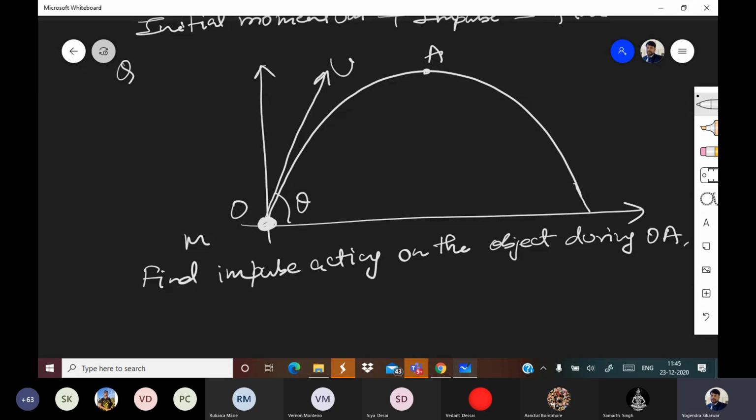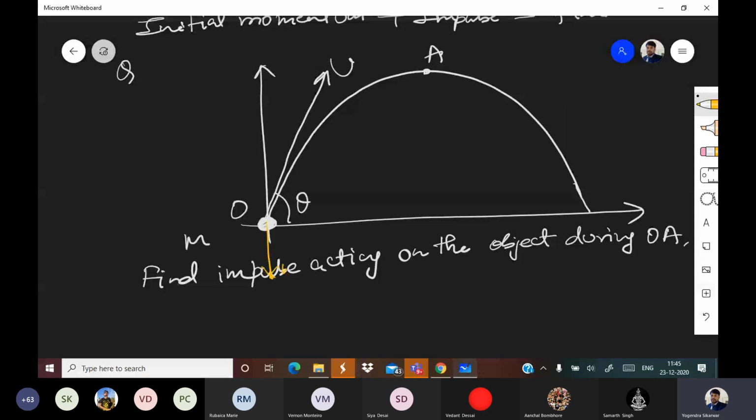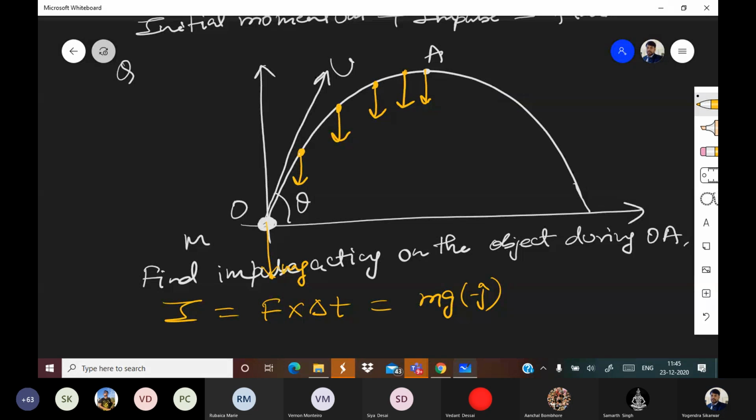Now there can be multiple ways to solve this question, everyone. How I am going to solve it, let me tell you very clearly. mg is the force which is acting on the object throughout its motion, and that is constant. So impulse will be F into delta T. F is mg in the minus j cap direction because it is downward, and T is u sine theta by g.